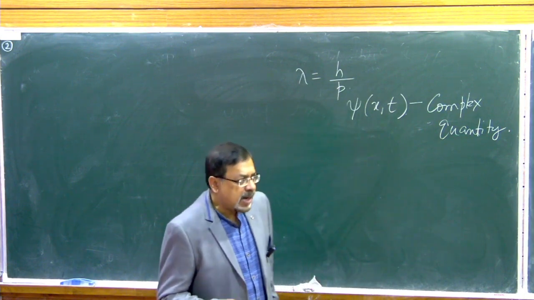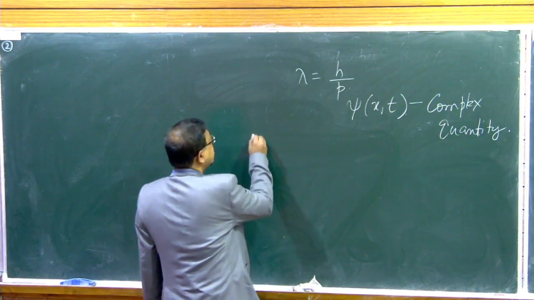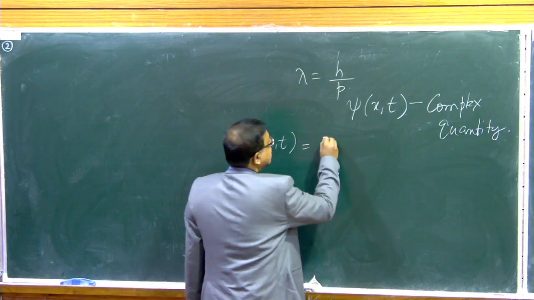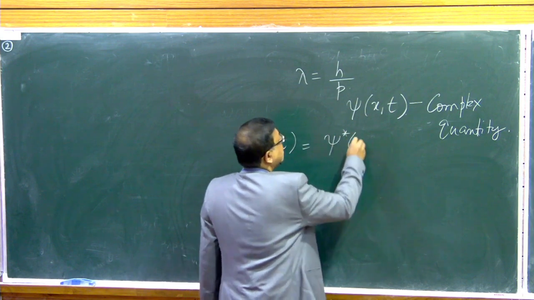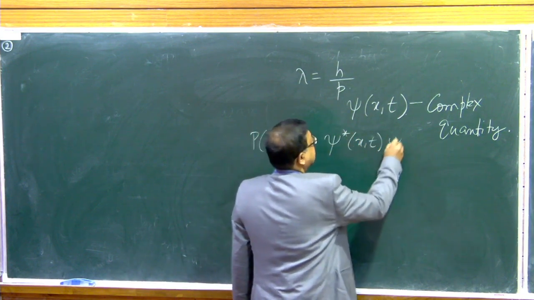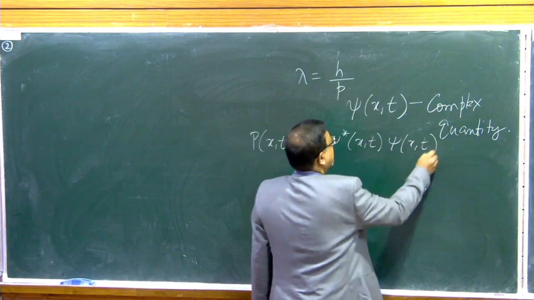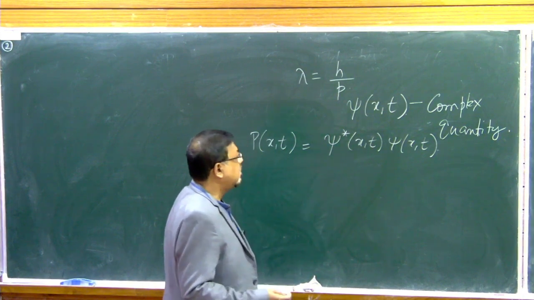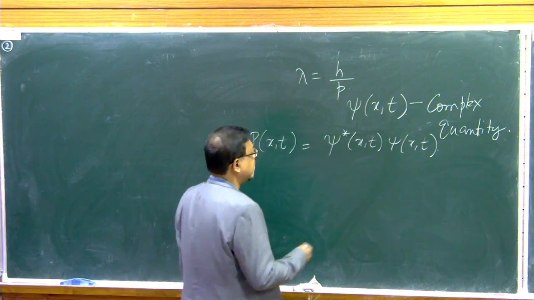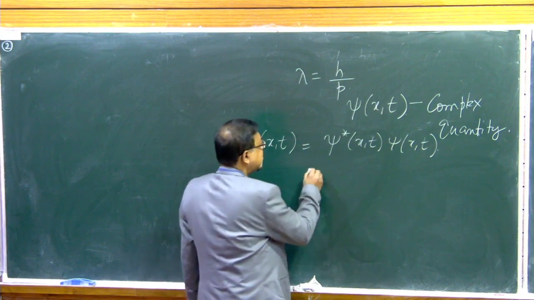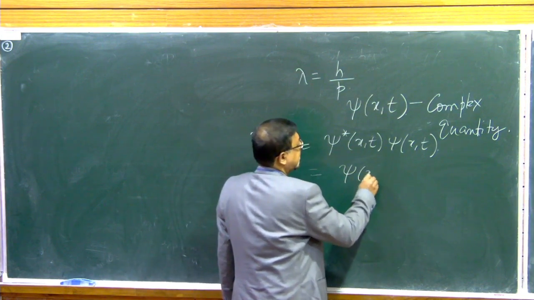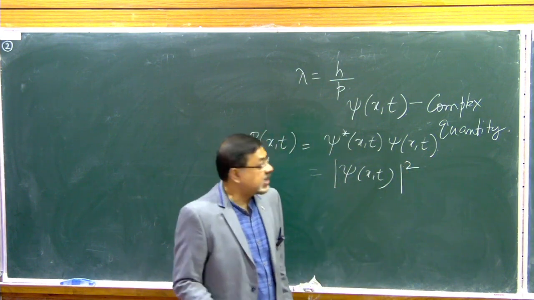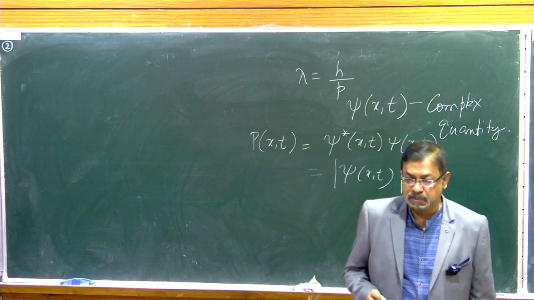But it is related to a quantity which we call the probability density, which is simply given by psi star(x,t) multiplied by psi(x,t). x and t are the position and the time of the particle. So this is represented as mod square.